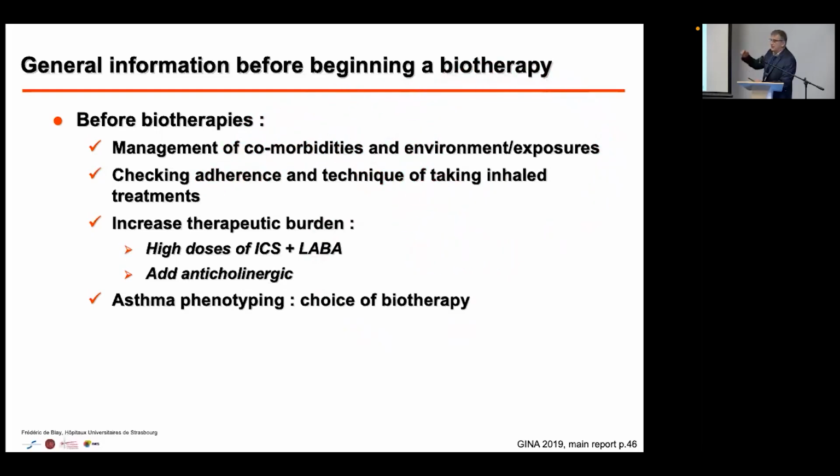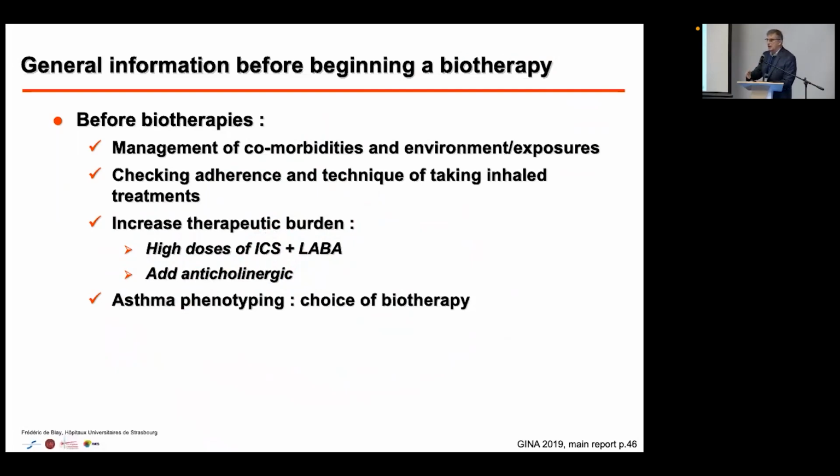You know, you have 9 questions to ask before you see if it is a non-resistant asthma. So you need to check the adherence, the technique of taking inhaled treatment, you increase the therapeutic burden, you increase the high dose of inhaled corticosteroid, you add anticholinergic, and also you phenotype your patient.